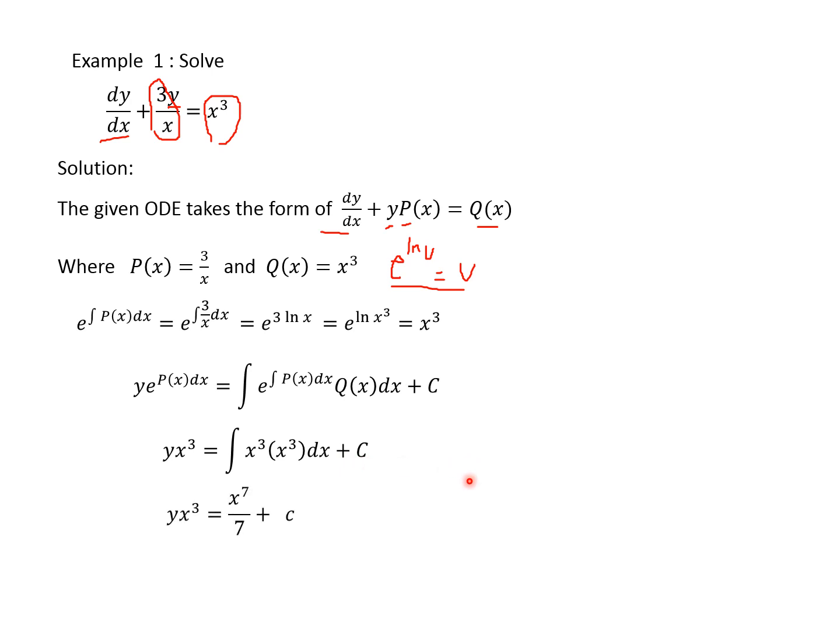The integral of x³ times x³ is x⁶, and the integral is x⁷/7 + c. Or you can solve for y. y is x⁴/7 + c x⁻³.